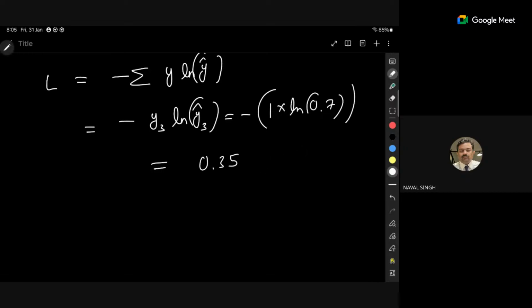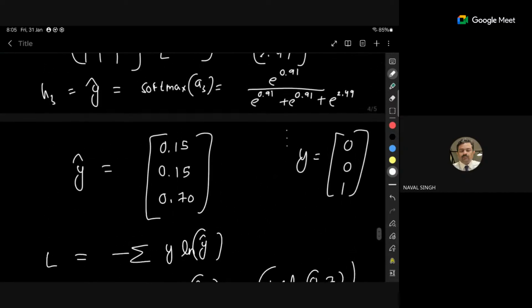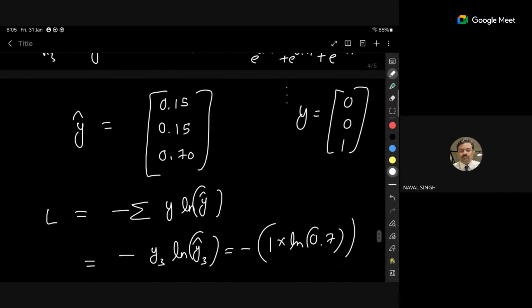Sir, one question. If you just scroll a little bit up to the y hat that we calculated, suppose we had kept a threshold for similarity, say cosine similarity or some other similarity, and we had kept the threshold as 0.71, then the output will be 000 because it will all classify. It is classifying 0.7 as 1 because maybe the threshold will be less than 0.7 for something to become from 0 to 1. If the threshold was higher, suppose 0.8 is the threshold, then the y hat will get categorized in a digital way.